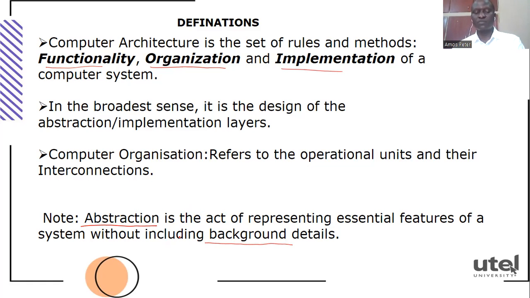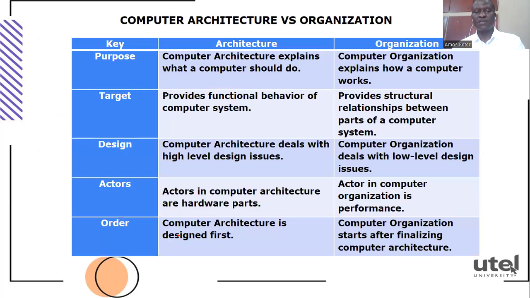Now, in the next slide, we shall see in a nutshell the basic differences between computer architecture and computer organization. And we shall do that looking at 5 important indices. The first one is purpose. What is the purpose of computer architecture and what is the purpose of computer organization?